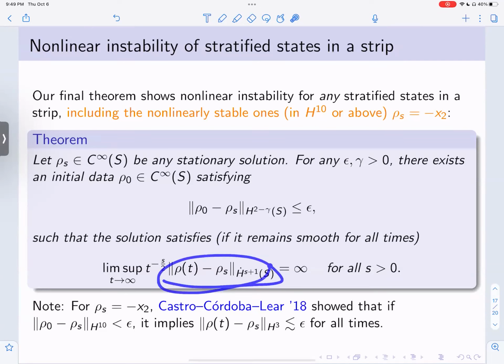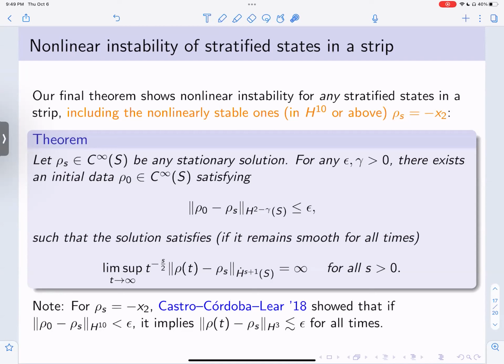Namely, the difference between these two solutions will grow to infinity in any space that is higher than H1. Okay, so in that sense, we showed the nonlinear instability for that solution in spaces below H2, and Castro, Cordoba, and Lear have shown the nonlinear stability for H10 or above, right?